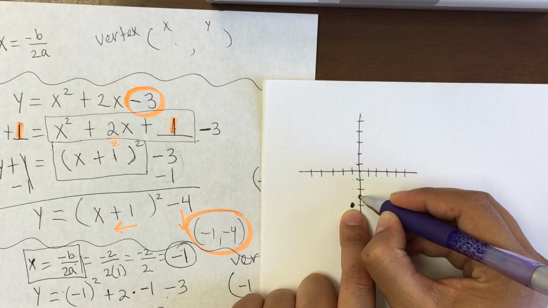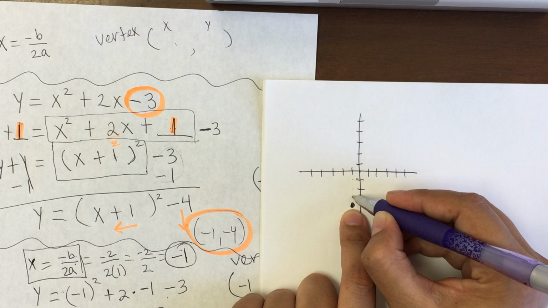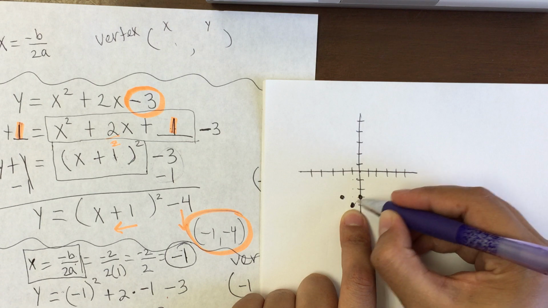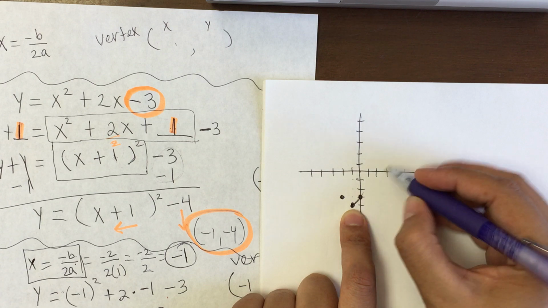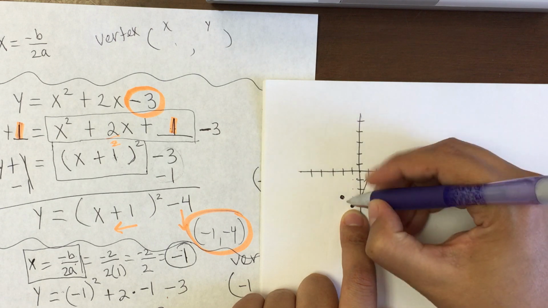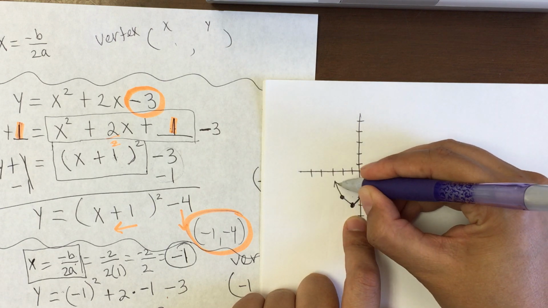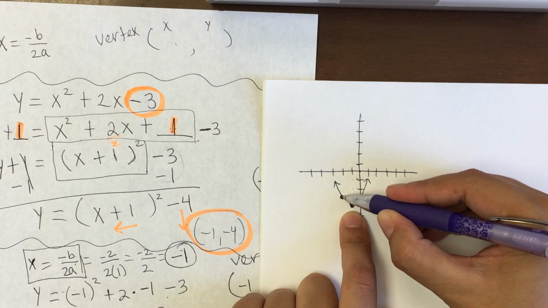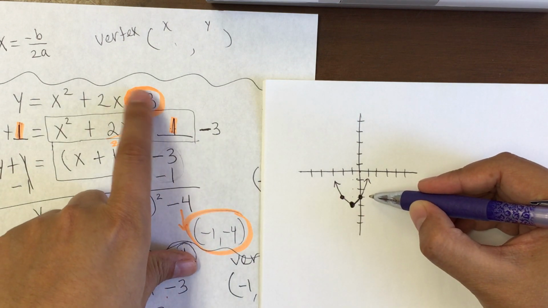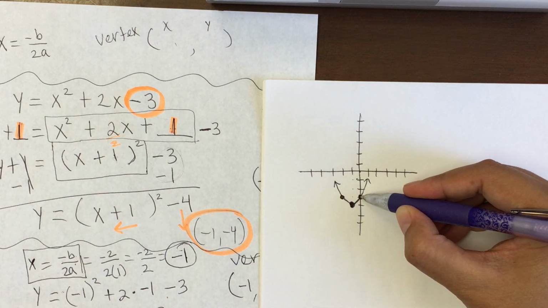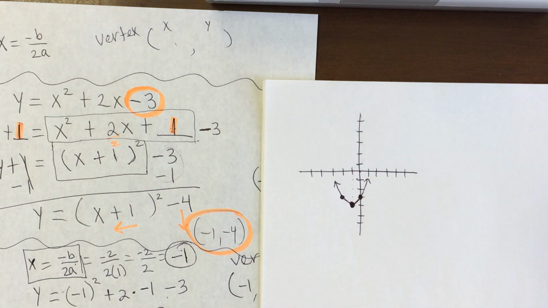So my point of reflection is going to be right here, so it's going to open this way. Right now I don't want to focus on finding the x-intercept, so I'm not sure where it's going to meet, but I want you to focus on finding the vertex. This is easy to locate, so find that as well, and just a reflection.